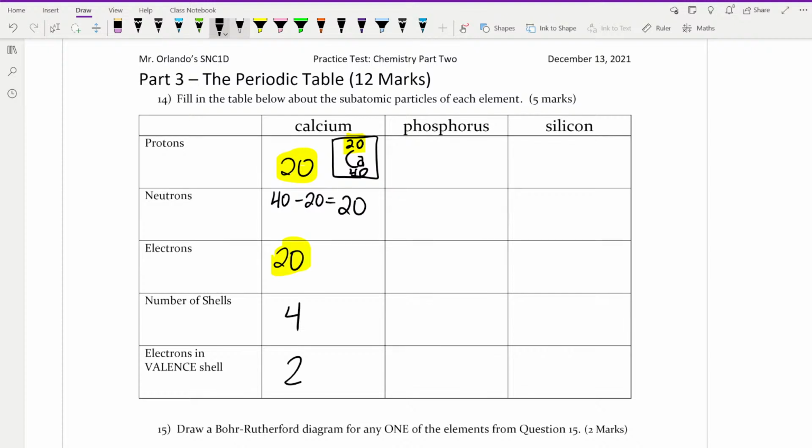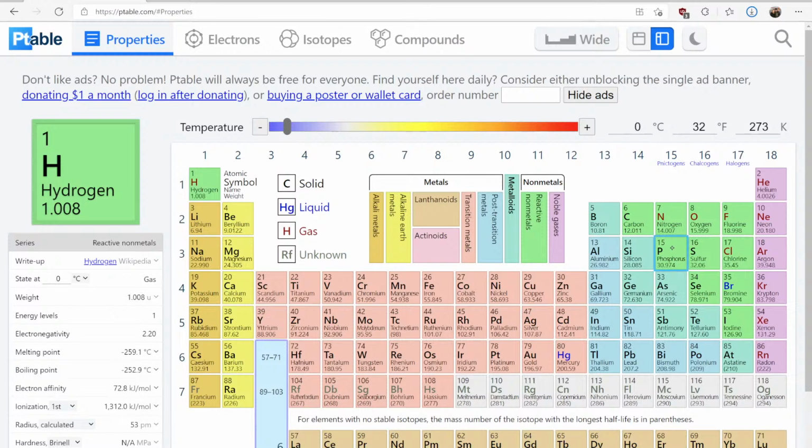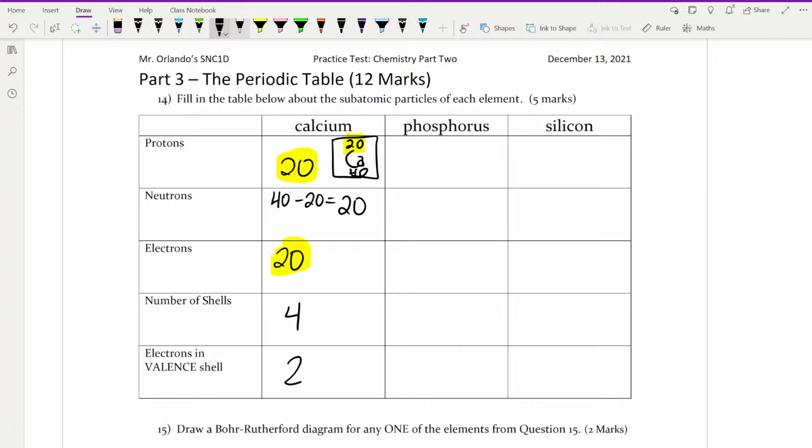What about phosphorus? Let's look. Phosphorus is here. 15 and 31. That means it has 15 protons. Must have also 15 electrons, because that's how we get that number. And then we do the mass minus the atomic number.